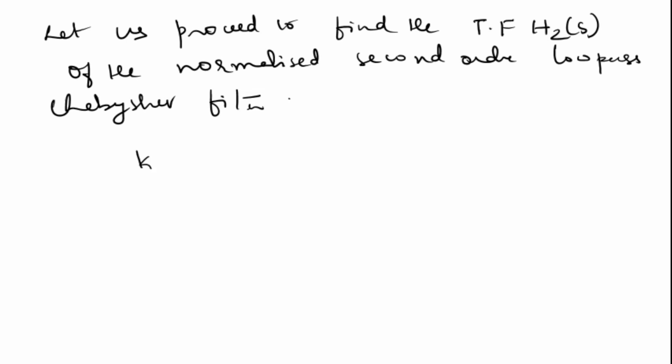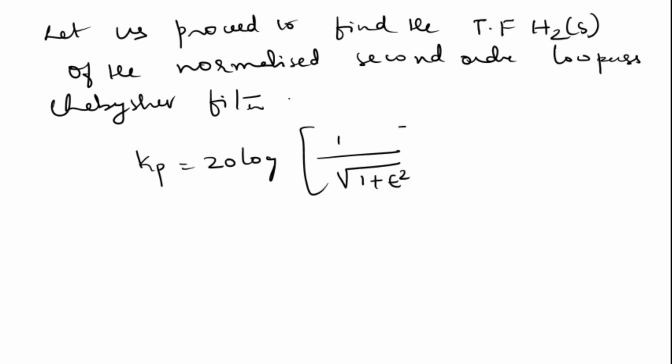that is Kp is equal to 20 log of 1 divided by root of 1 plus epsilon square, which is equal to minus 3, which gives epsilon square is equal to 0.9952.